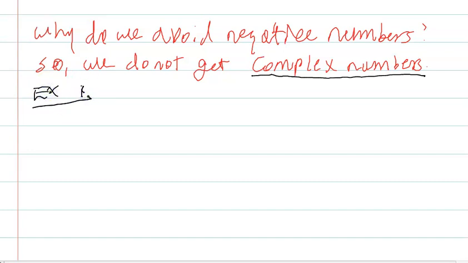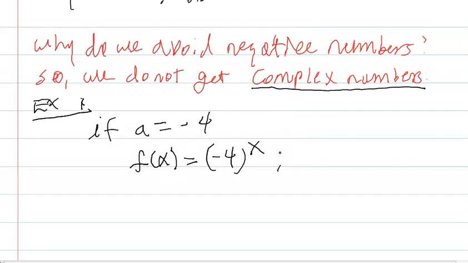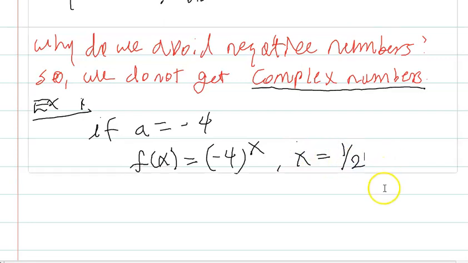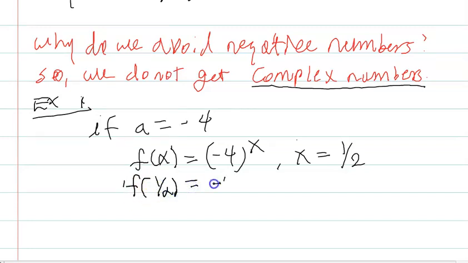So example 1. Let's say if a equals -4, so that means f of x equals -4 to the power of x. Then let's say x equals 1/2. ኔጌቲቭ ቁጥር ማንወስድበት ምክንያት ለማየት ነው ኤግዛምፕል ያመጣው። So f of 1/2 equals -4 to the power of half. ይሄ ምን ይሆናል?